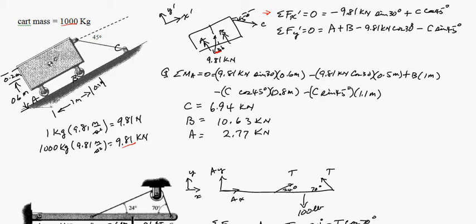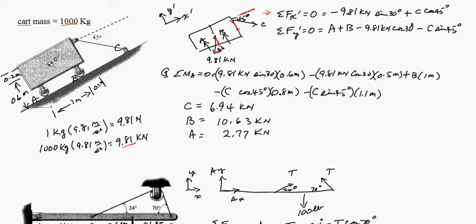So that's the sine of 30, plus this component, which is C, the unknown force C times the cosine of 45. And then in the y prime direction, we have our A, our reaction forces off of the wheel showing up, A plus B, and then the components of the 9.81 and C.